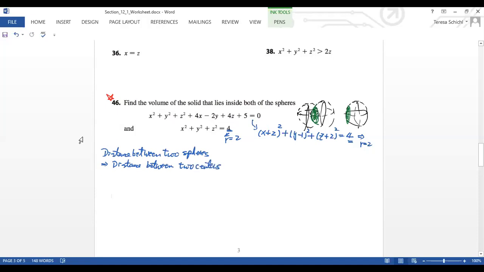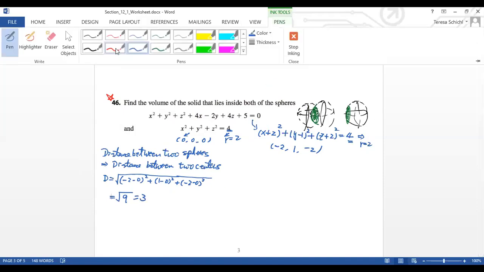One center is (0, 0, 0), and the other center is (-2, 1, -2). So the distance is the square root of (-2 - 0)^2 + (1 - 0)^2 + (-2 - 0)^2, which is the square root of 9, so it's 3.